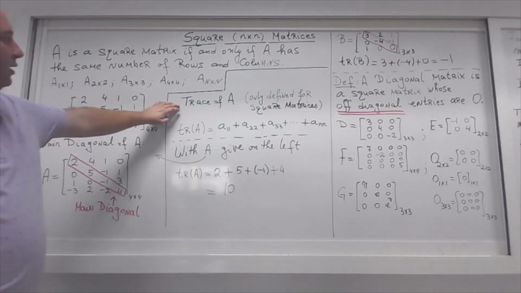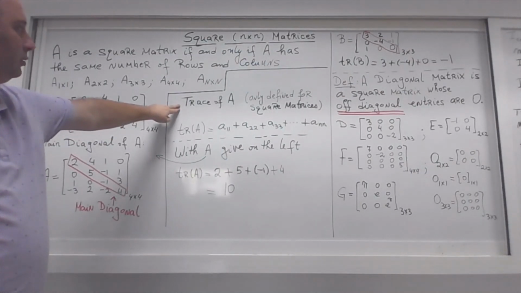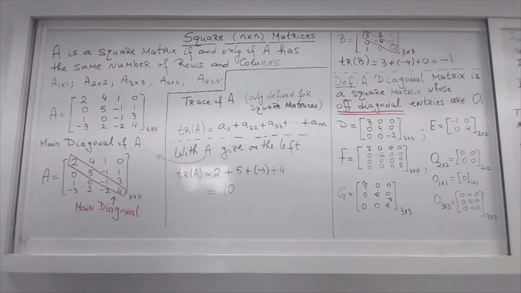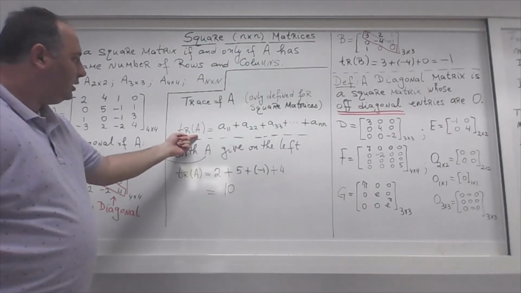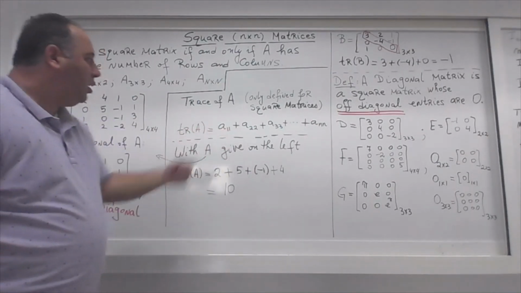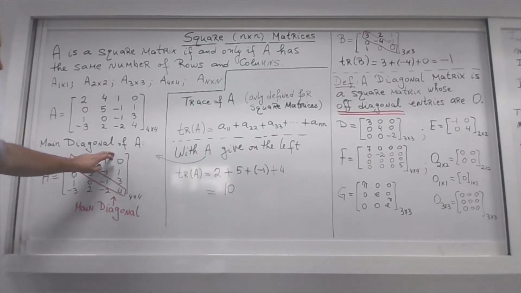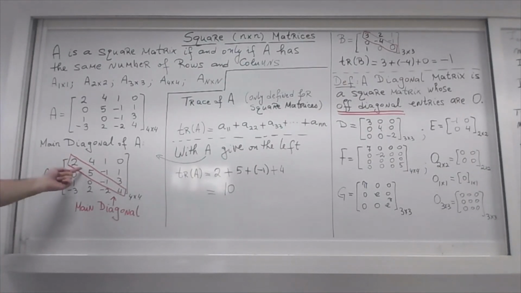Well, we define also something called trace of a matrix A, which is also only defined for square matrices. Trace is actually just sum of the diagonal entries. So you have your main diagonal and you add the entries. So for this matrix A here, the trace is 2 plus 5 plus -1 plus 4.